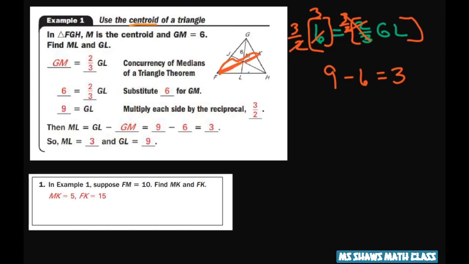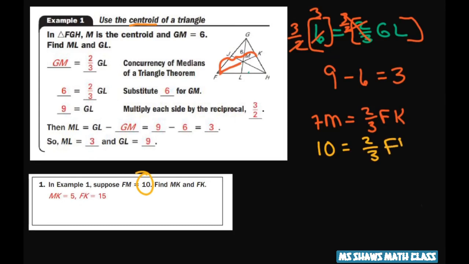So we know that FM equals 2/3 of FK. So basically what I'm saying is this length is 2/3 of this whole piece here. So we know FM is 10, which equals 2/3 of FK.